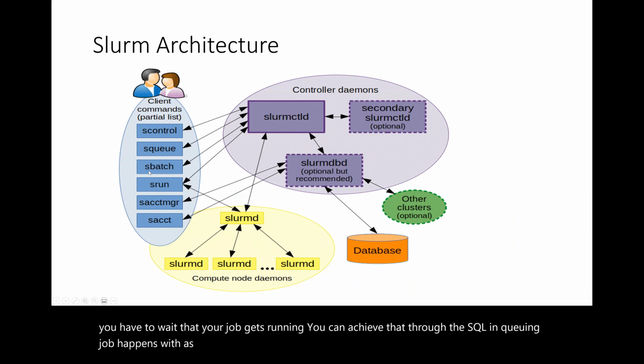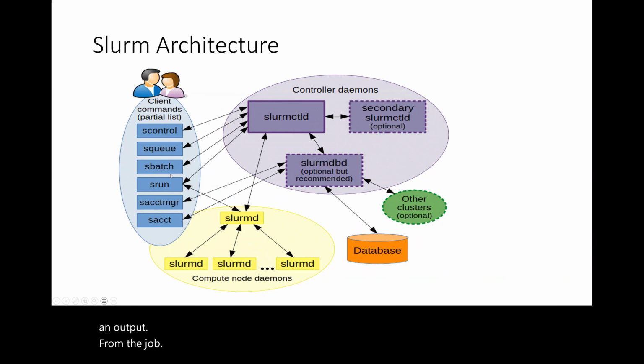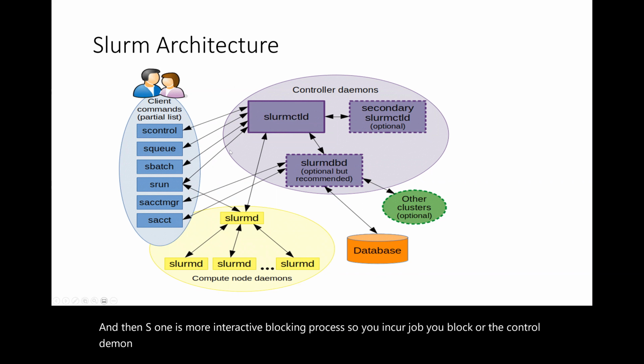So sbatch is just fire and forget. At some point, you get an output from the job. And then srun is a more interactive, blocking process. You enqueue a job, and the control daemon blocks the user request until your job is up and running. It's more like an interactive experience.